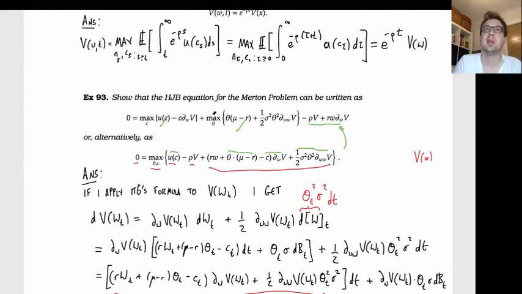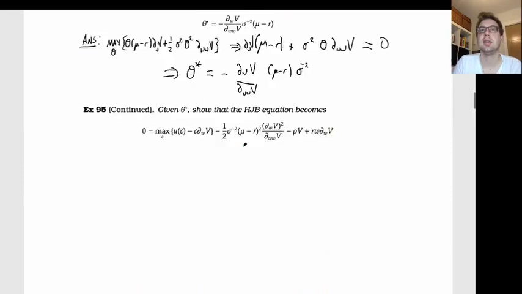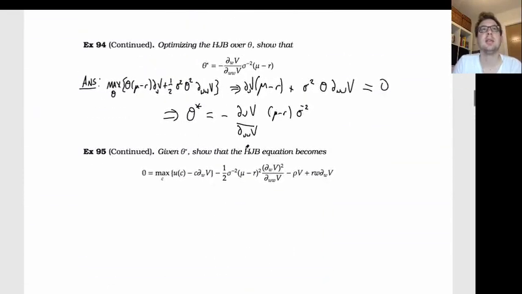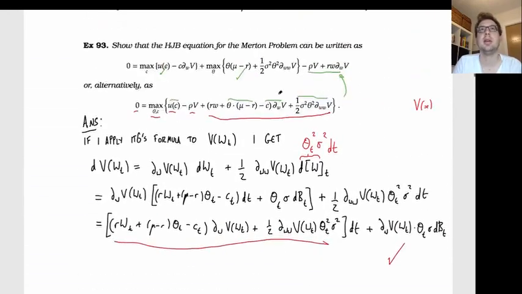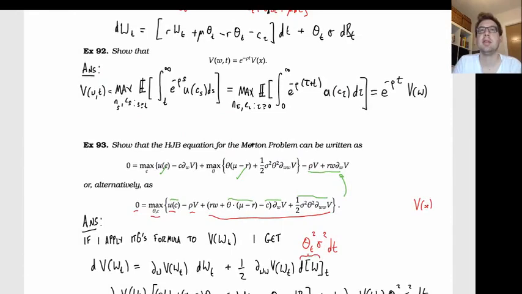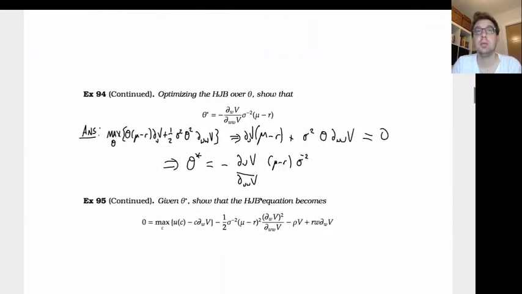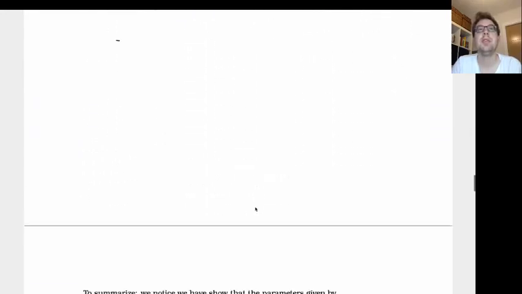In the HJB equation it's supposed to go here. I've told you what this part in the HJB equation is. Essentially what you're going to be left with is a bunch of terms that have no maximizations in them. It's just lots of partial derivatives in v, and I've told you what the form of v is as well.